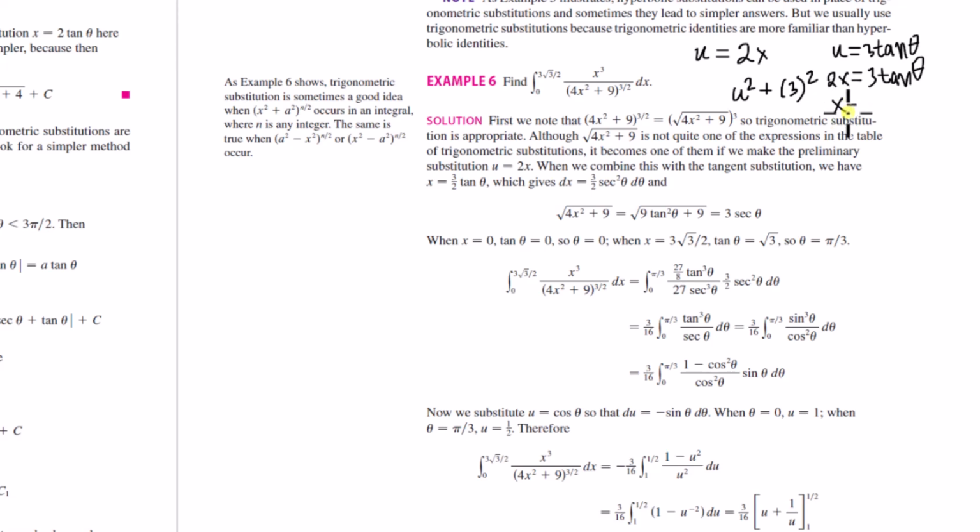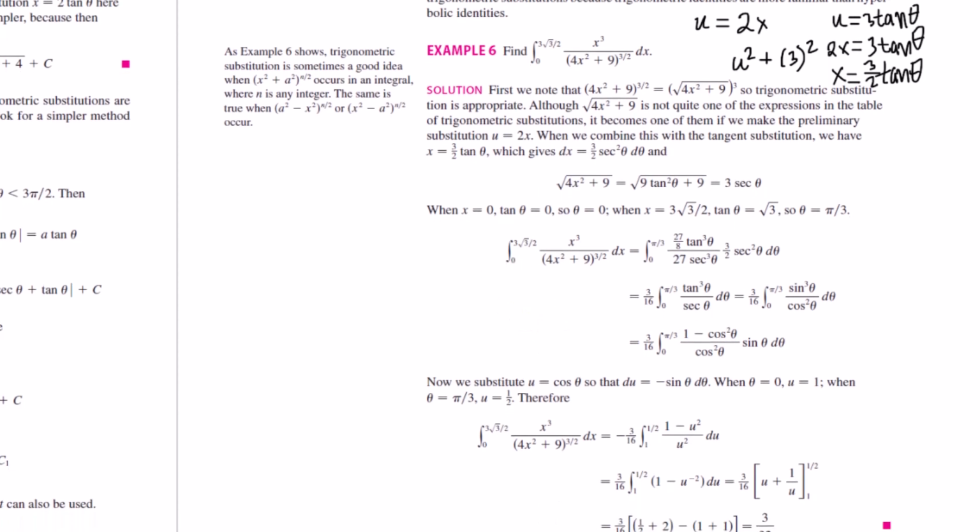Therefore, x is equal to 3/2 tangent theta. And so that's the substitution we need to make. So x is equal to 3/2 tangent theta, which gives dx is equal to 3/2 secant squared theta d theta. And if you make that substitution for x, you get the square root of 9 tangent squared theta plus 9. And then use the trig identity that the table gave us, and this comes to 3 secant theta. Okay, so with that, you can then solve the integral.